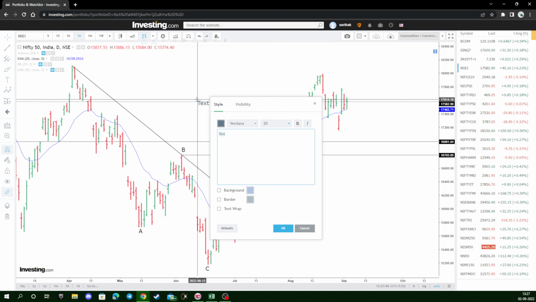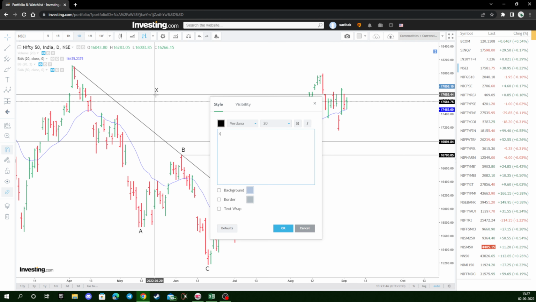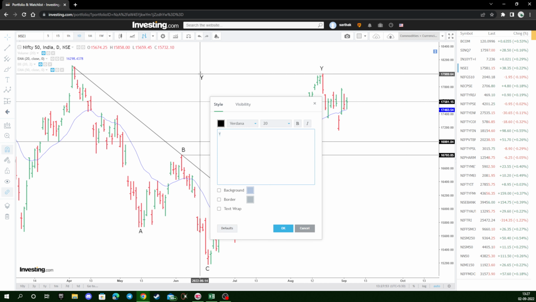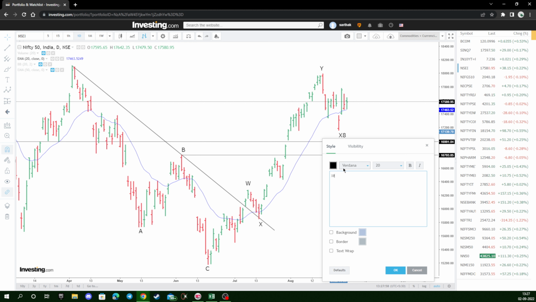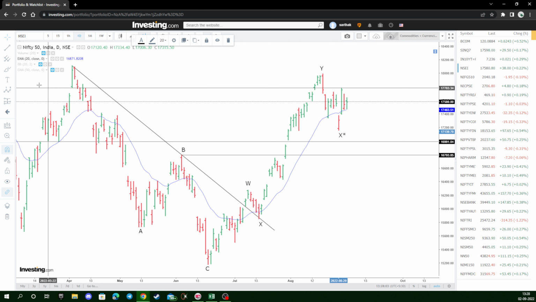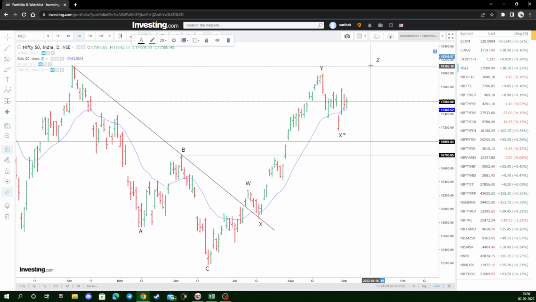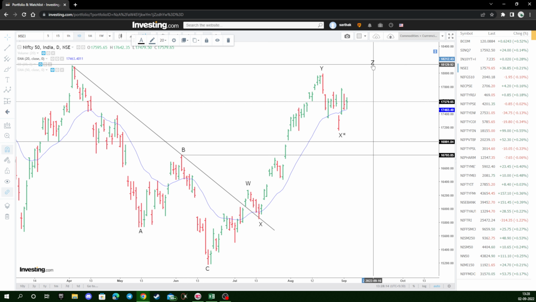So my longer term counts would be to see this as a wave W, this as a wave X, this as a wave Y, this as a wave X, let me take that to be X dash, and this probably being the wave Z. So I am open to the possibility that we might go for that last wave Z, in case the US markets do their counter trend up move.